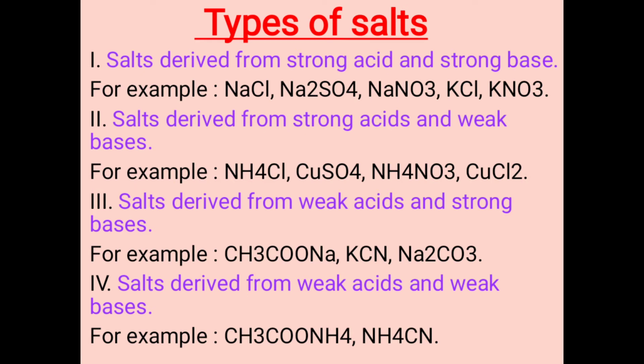So the first example is NaCl. We learn about NaCl briefly in the next slide. Okay, the next type is salt derived from strong acid and weak base. There is a reaction between strong acid and weak base to form the salt and water.